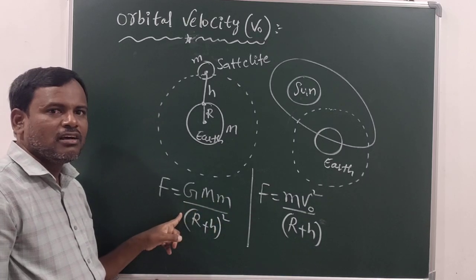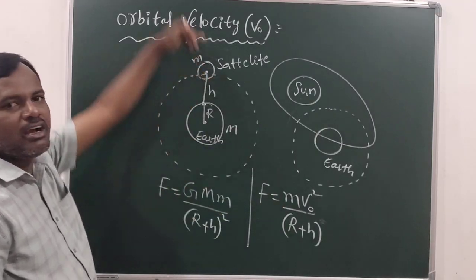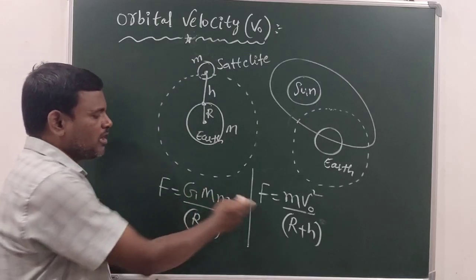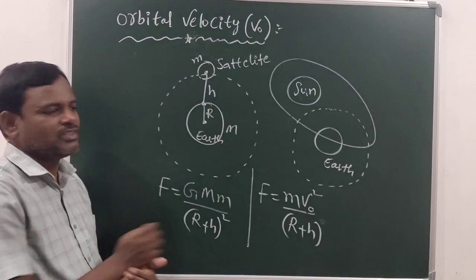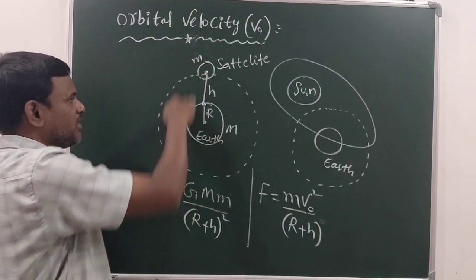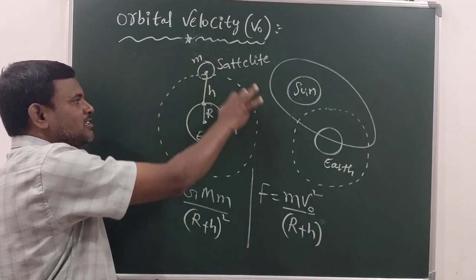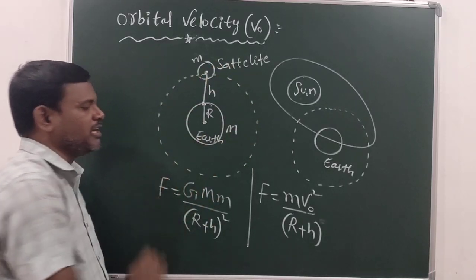This is working toward the earth. This is working outside of orbit. Both are equal in magnitude but opposite in direction. This is working outside, this is working towards. Both are working on the same satellite. Hence, that satellite is revolving around this circular orbit around the earth.